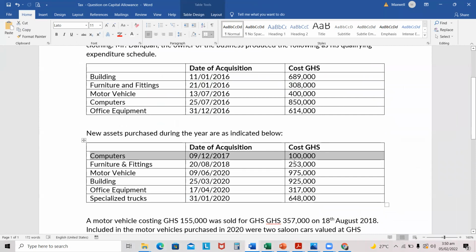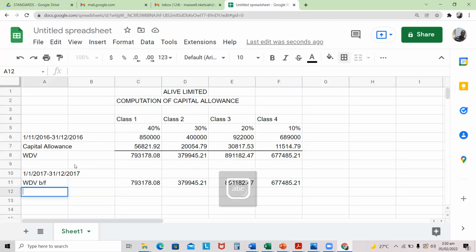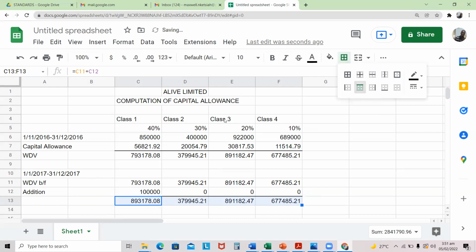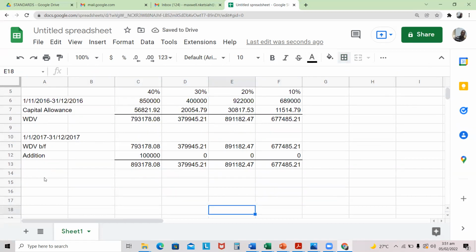So computers 100,000. Addition for class 1 we have 100,000, but the rest are all 0. So add the two, and then we get this.